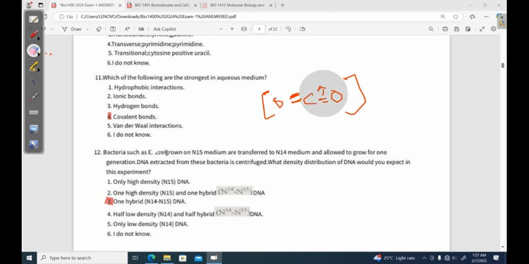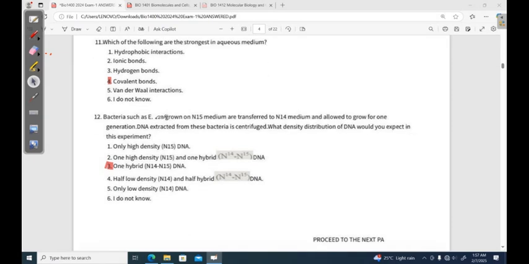Next up, E. coli bacteria on N15 medium is transferred to N14 medium and allowed to grow for 1 generation. Just 1 generation. DNA is extracted from this bacteria and is centrifuged. What density distribution are you to expect? So N15 and N14. These are grown in 1 medium for 1 generation. So the correct answer is 1 hybrid of N14 and N15.